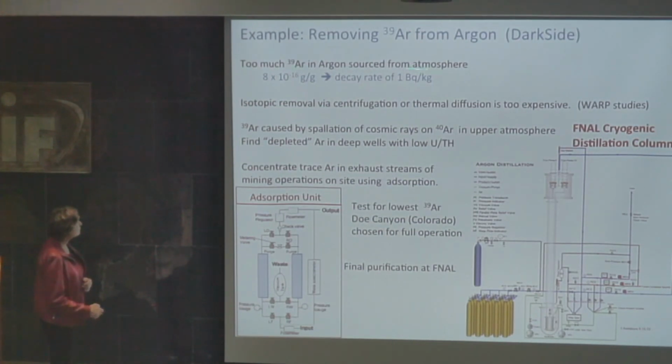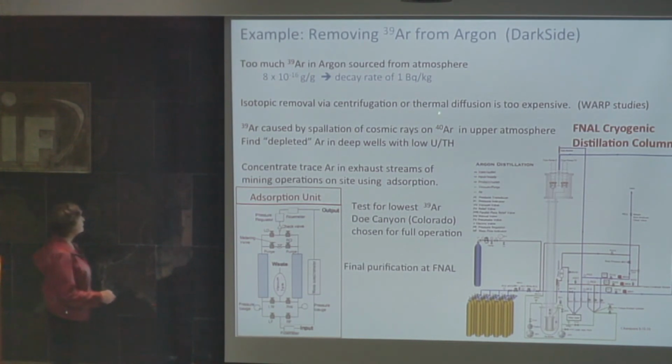And you have to do it with argon too. And the one additional interesting thing about this is that the argon-39 is coming basically from argon above the surface, and again, it's a cosmogenic type of thing. There have been a lot of studies on it. It's caused by spallation of cosmic rays on argon-40.